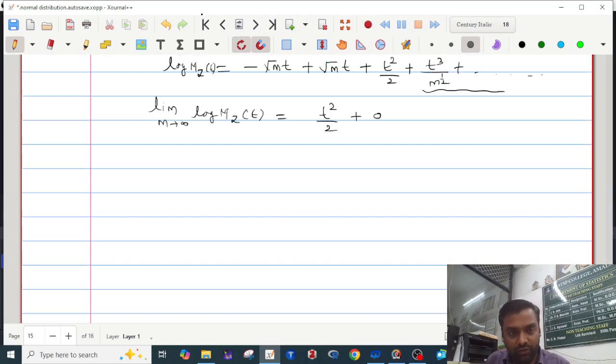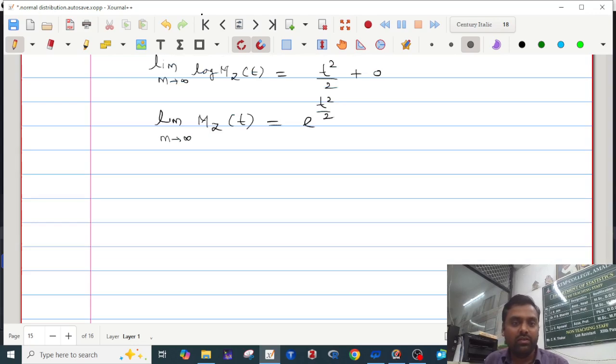Now if you take the exponential on both sides, limit as m tends to infinity of MZ of t is equal to e raised to t square upon 2. This is nothing but the MGF of normal 0, 1.